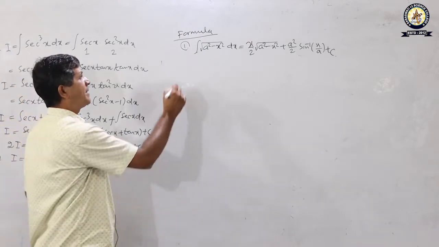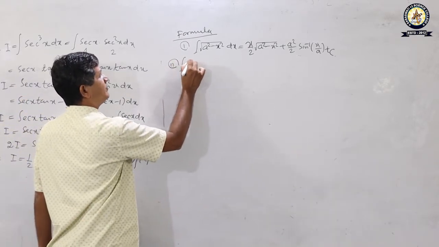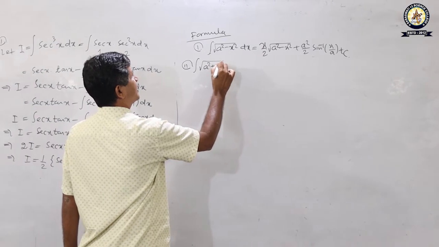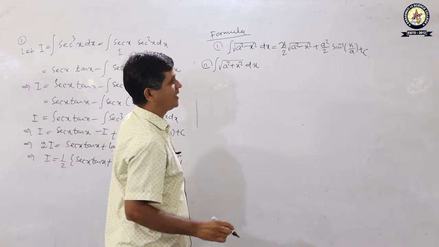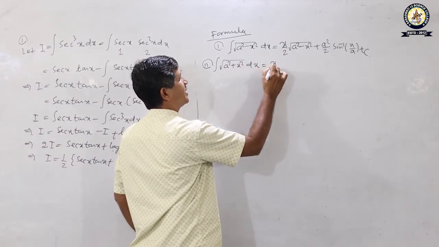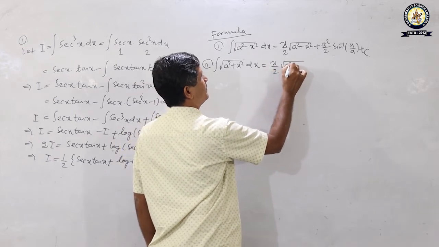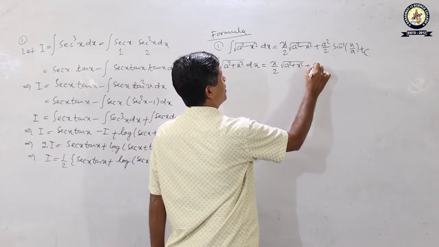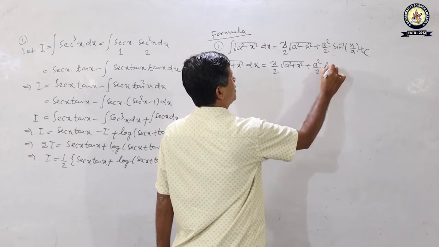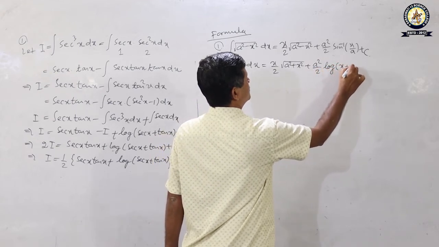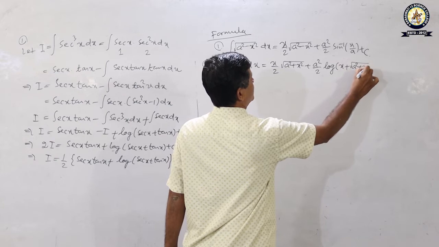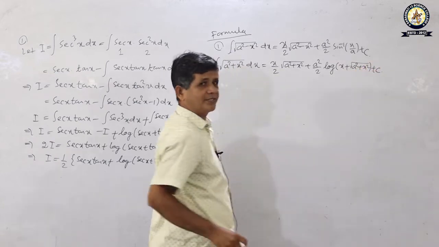Come to the next formula, the second: integration of root over of a square plus x square dx is x by 2 into root over of a square plus x square plus a square by 2 into log of x plus root over of a square plus x square, plus c. This is the second formula.